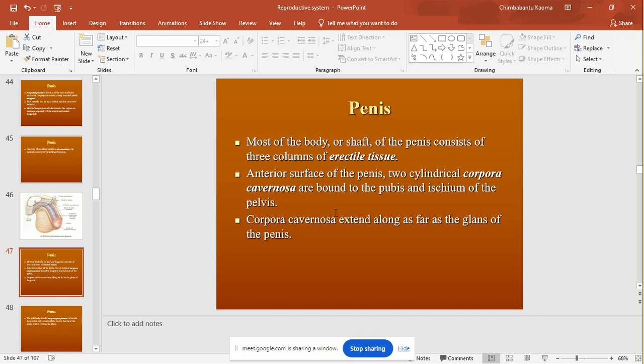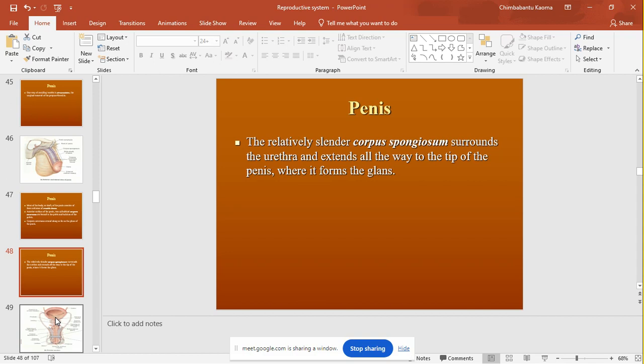The corpora cavernosa is bound to the pubis and the ischium of the pelvis, and it extends all the way from the pubis and the ischium to the glans of the penis.